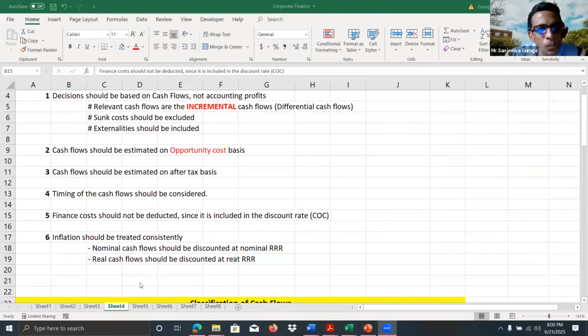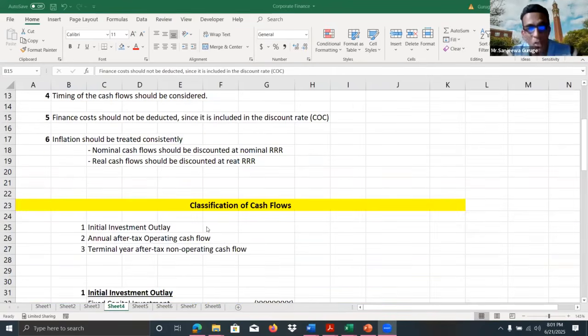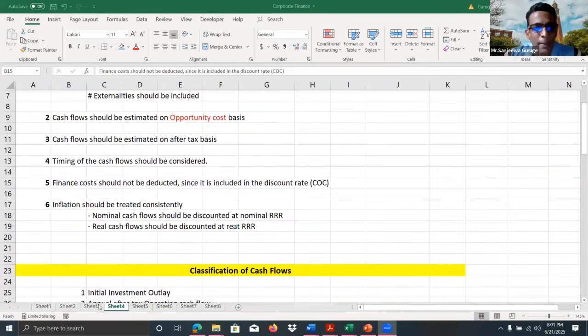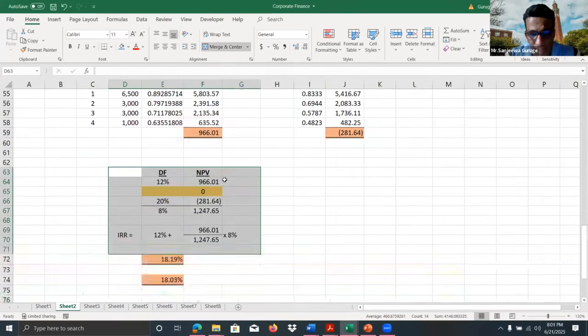As a number of correct answers given here, the correct discount rate is the weighted average cost of capital, so that includes everything. When we use the weighted average cost of capital, the cost of debt is already included there. So when we evaluate the project, these cash flows we discount.